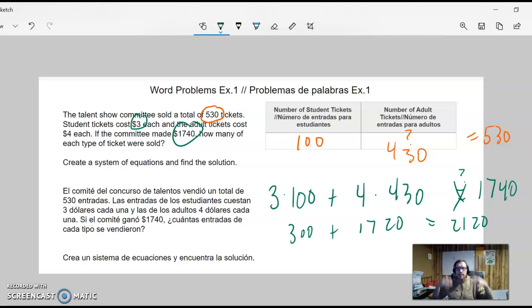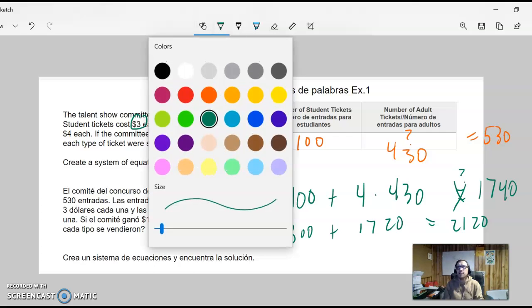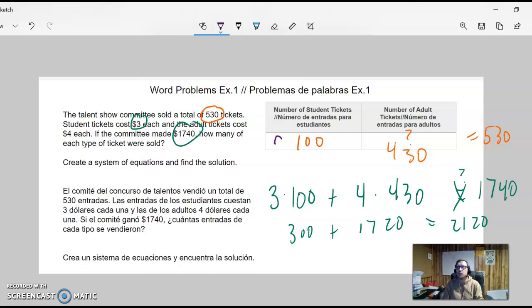Keep guessing, keep trying, and eventually you're going to see this. At least this is my goal. You're going to see that the number of student tickets plus the number of adult tickets is going to equal 530. So we can write that first one. Students plus adults equals 530 tickets.